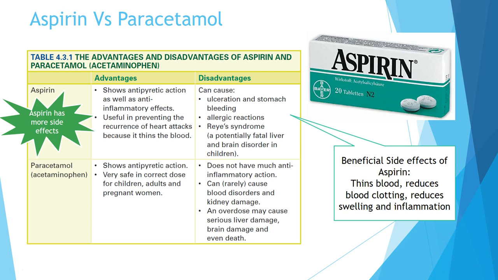So just a couple of advantages and disadvantages. Okay, so aspirin actually has greater numbers of side effects than paracetamol. Some of those side effects are beneficial, like thins the blood, reduces blood clotting, or can be beneficial depending on what we're using them for. It will also reduce swelling and inflammation, which doesn't occur as much with paracetamol.